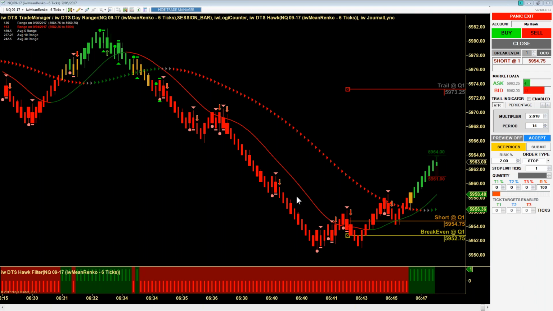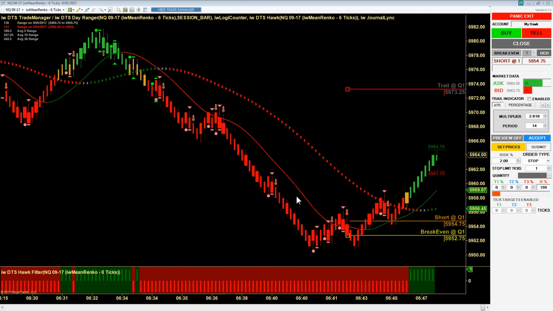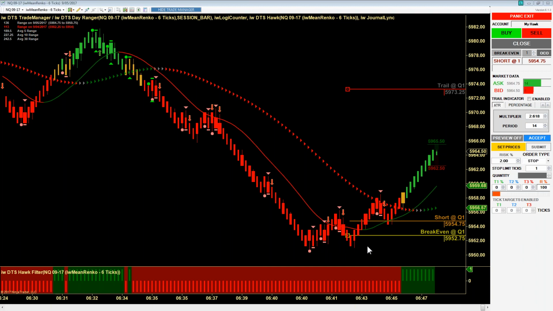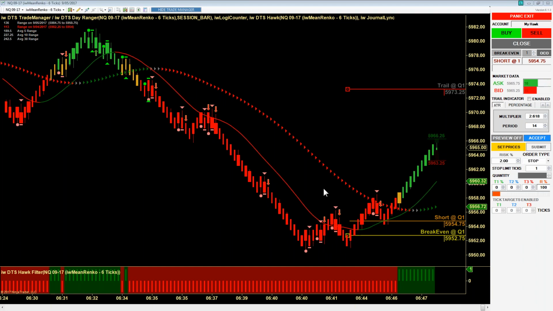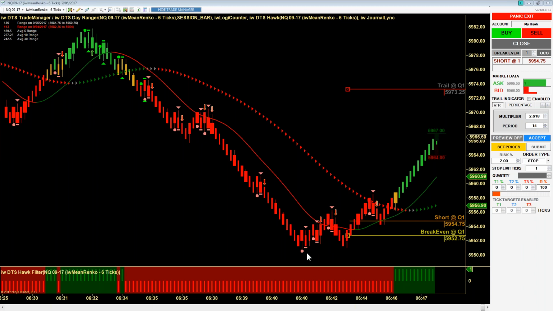Okay, gotta see the sellers push back now. Oh, that's a little bit of a rally. Yeah, you can see the problem trying to cover a trade that has made such a strong move one way or the other.